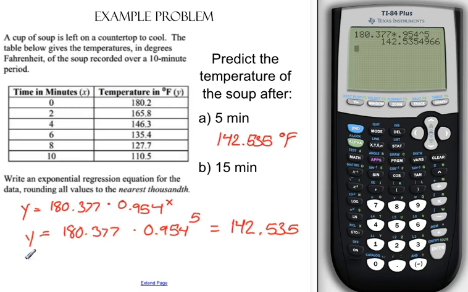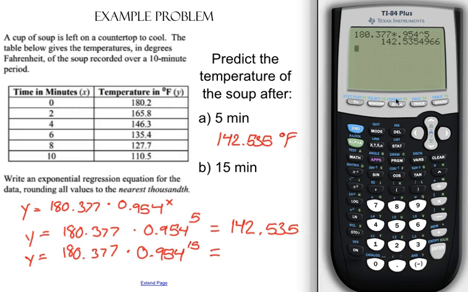So now we can repeat this for 15, and now 15 is outside of the data that we have. So we'll not really have a way to check this, and it is really moving outside of anything that we have in our experience. So we're assuming this is going to keep cooling off the same way, and if it does, well, the calculator can tell us what's going on there. Let me show you a trick.